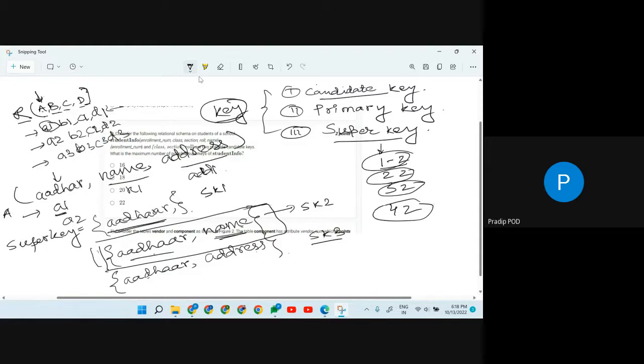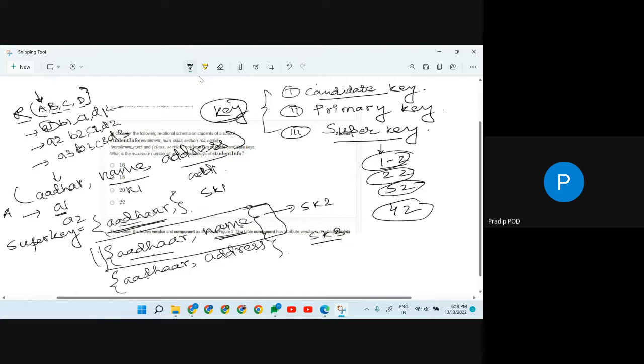Can you tell me which super key is also a candidate key? SK1 is, but not SK2 or SK3. Yeah, that is exactly the difference between a super key and a candidate key. So all the candidate keys are also super keys, right?